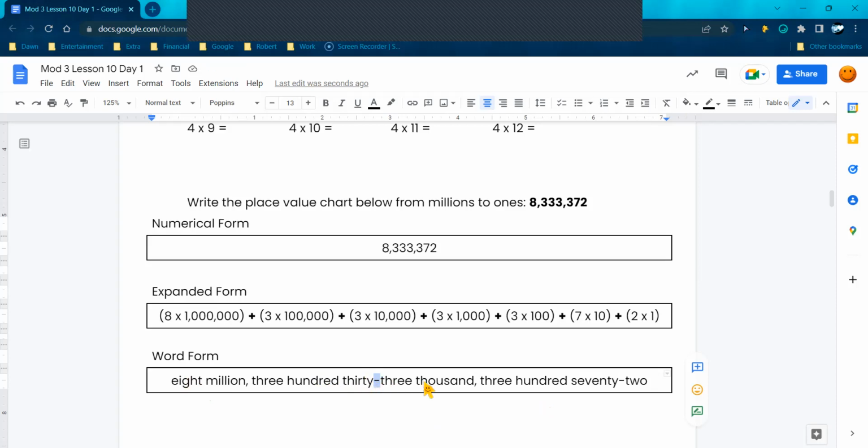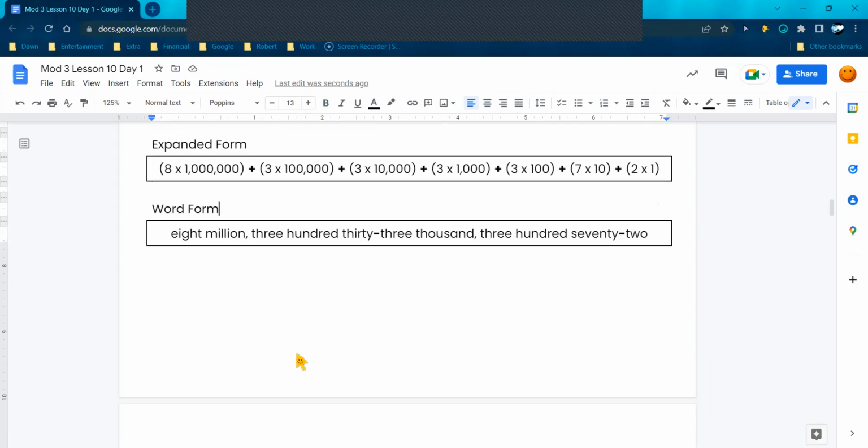So 10,000s and our thousands, we have a hyphen here. This is saying it's 2 numbers to get this one. And right here for 72, that's the same thing. We're taking the tens and ones and combining them. So this is how this form is going to start looking.